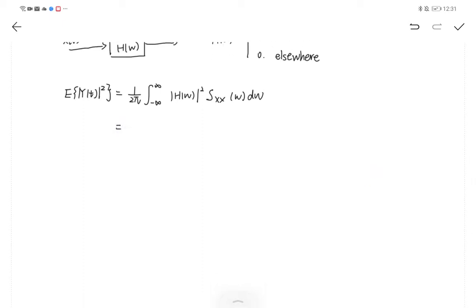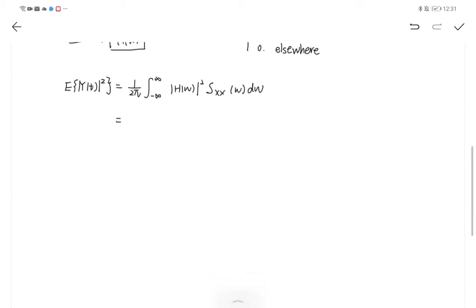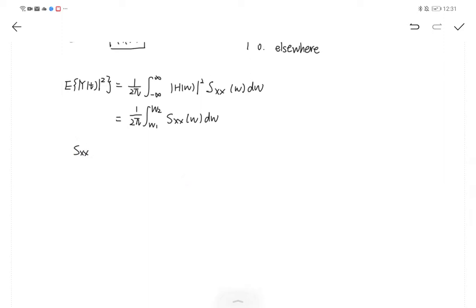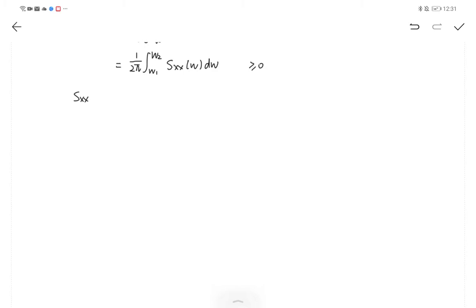And because H(omega) only equals 1 in the range omega 1 to omega 2, we can write it as the integral from omega 1 to omega 2 of S(omega) d omega. We know that the expectation is always more than 0. So we can see the Sxx(omega) in any interval is non-negative.